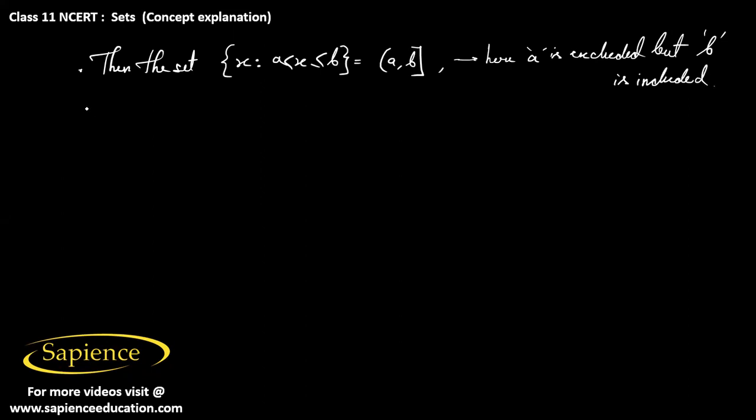So the open interval A to B can be represented on a number line. We plot the points A and B and draw open circles, since the ends A and B are excluded.